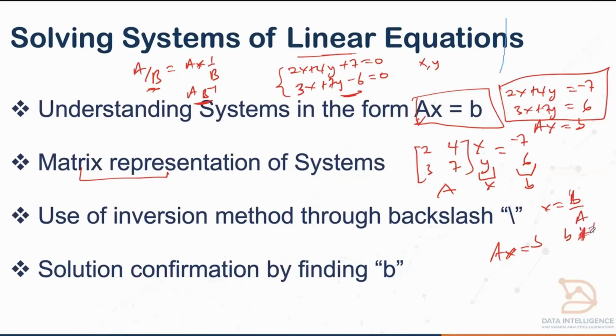However, Matlab is generous enough to give us the backslash operator, which is used for performing the inversion method in computing the inverse of a given matrix. So all you do is you just write B /A, B /A, and then you are kind of good to go.